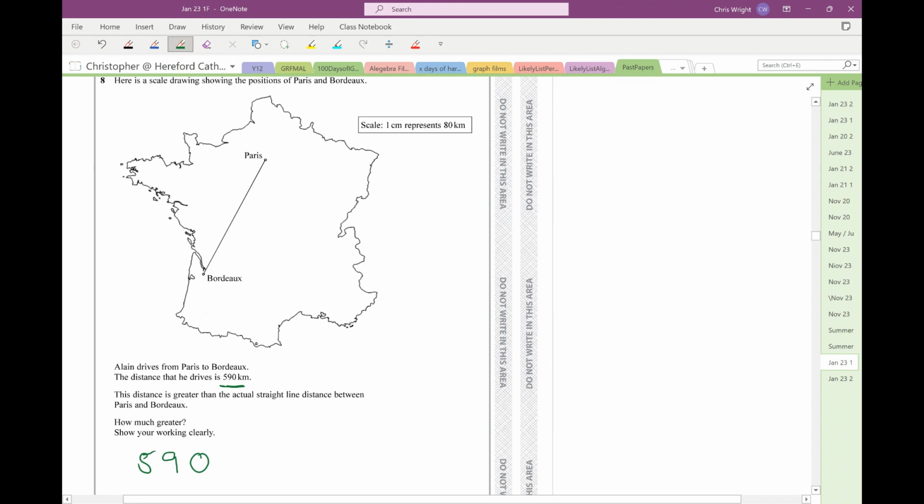Well, what you'll have to do is measure that straight line. Now, I don't know how many centimeters it is, okay? But for example, if it were 7 centimeters, then the straight line would be 7 times 80 kilometers, 560 kilometers.